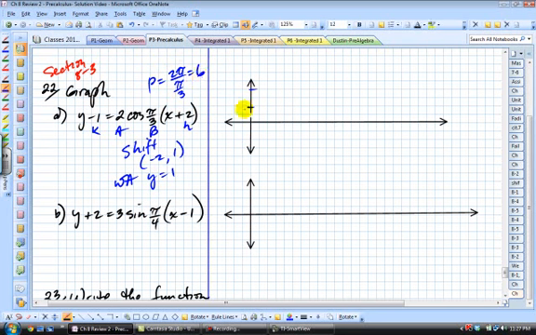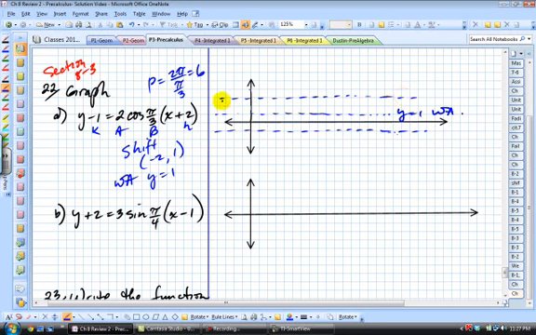So let me clean this up here. I first draw my wave axis, y equals 1. I have an amplitude of 2, so I go up 2, down 2, and the wave has to be between these lines.